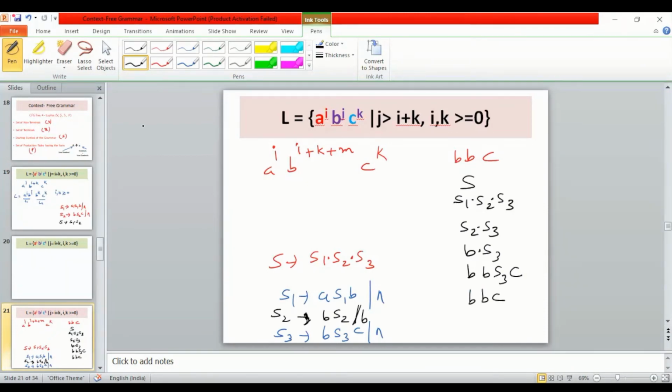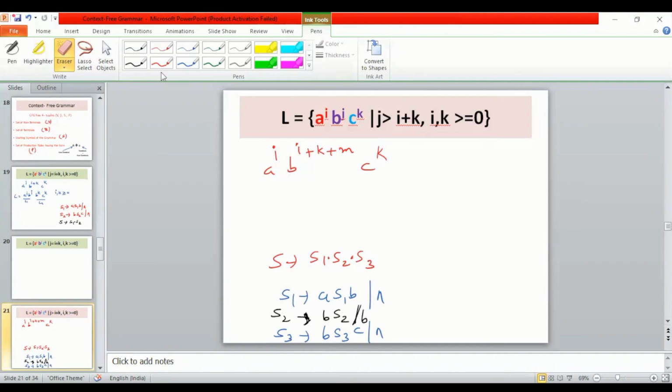Similarly, you can generate another string like A double B. So A double B is also a valid string. J is still greater than I plus K, and K is 0. So let us derive. We start with S. We have S1, S2, S3. From S1 we'll write A S1 B, S2, S3.